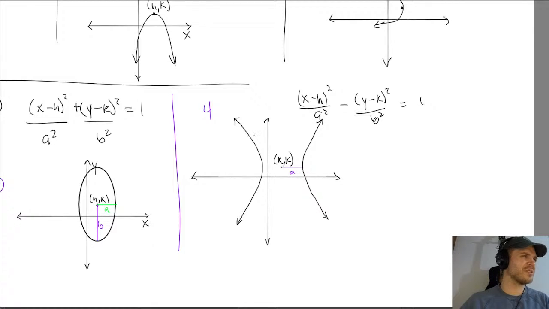And then the distance from here to here is A. And then, how does the B work for this? B, as it increases, vertically stretches the thing. But I want to make a point on this.